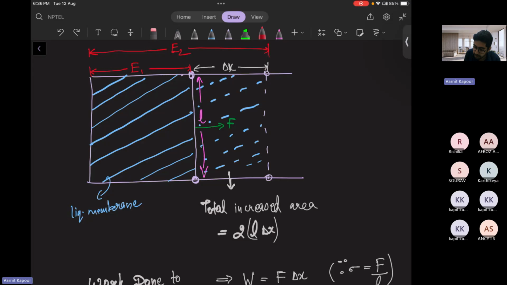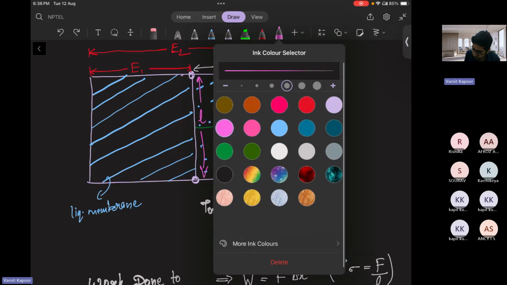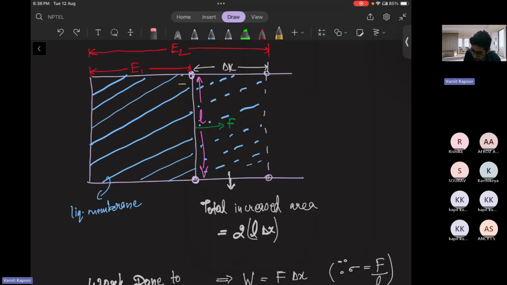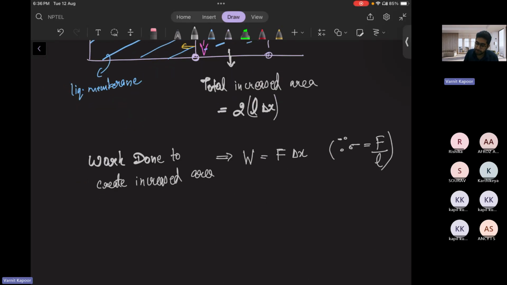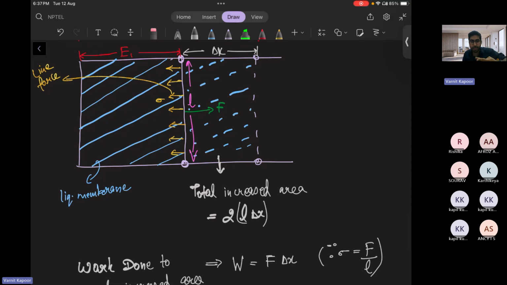Now you will be easily able to observe what I am saying here. This is the surface tension force acting perpendicular. This is your sigma, and F is your line force. And it is not L, it will be 2 times of it, upper layer and below layer.